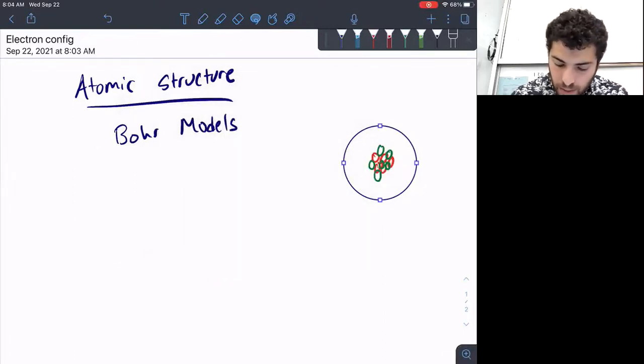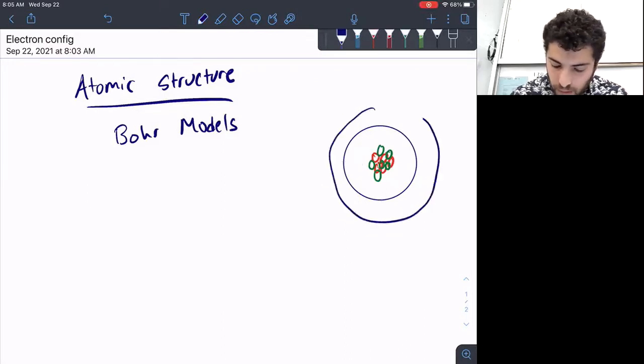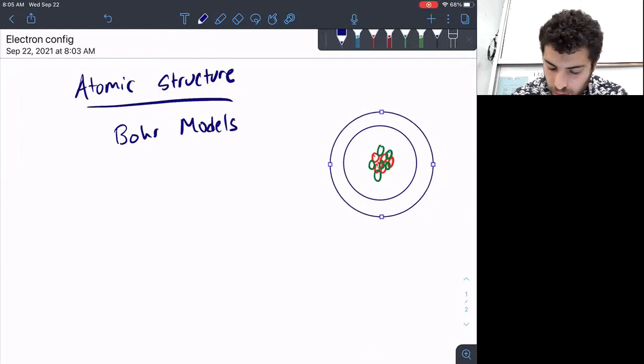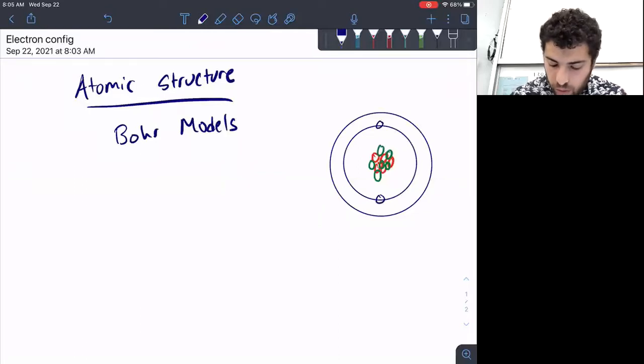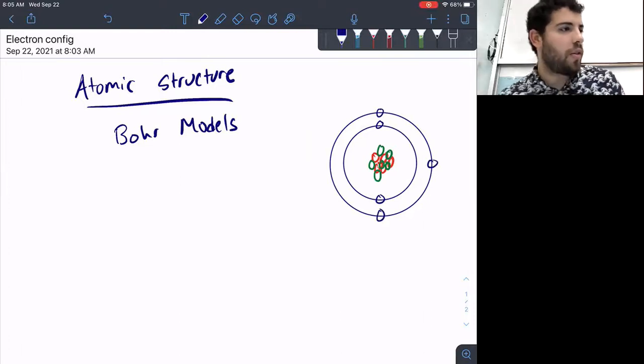All right. So here's my Bohr model, and I'll go ahead and throw some 1, 2, 3, 4, 5. Basically 5 protons, 5 neutrons, 5 electrons.